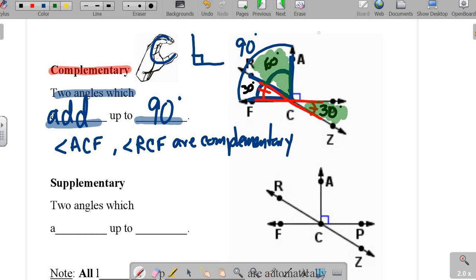They don't have to be adjacent. ACR and angle PCZ are also complementary, which means they would add up to 90 degrees.